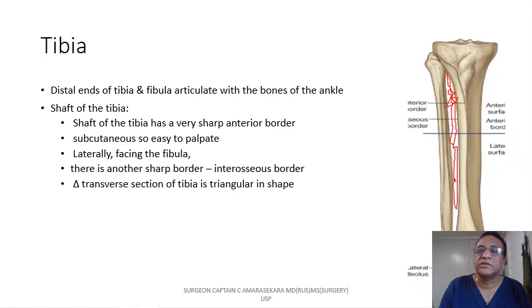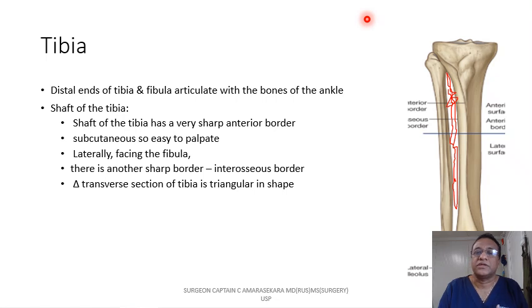This membrane divides the compartments into anterior and posterior compartments. The interosseous border attaches to this line. This interosseous membrane separates the anterior and lateral compartments.